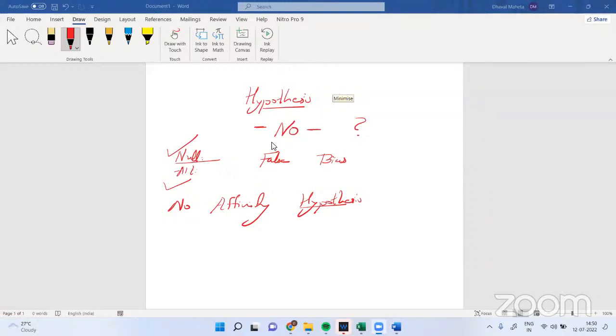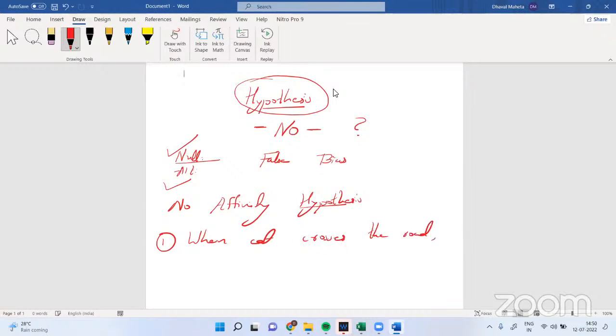Shall we proceed further? Yes, sir. Now let us understand why the concept of hypothesis has been developed. With due respect to all the religion, I am writing something here. When a cat crosses the road, ill omen happens.